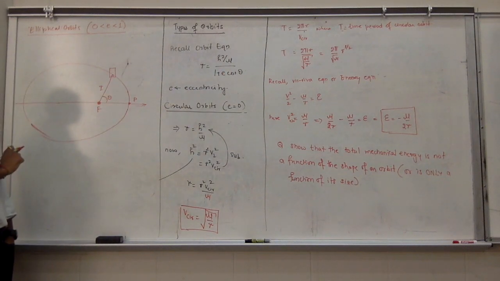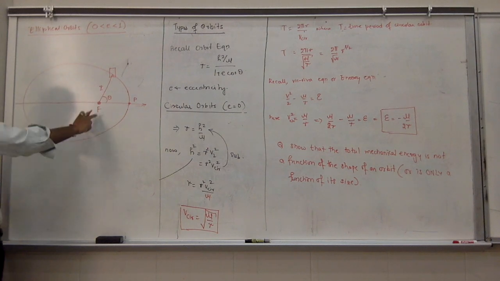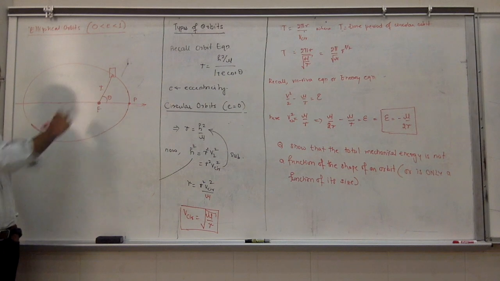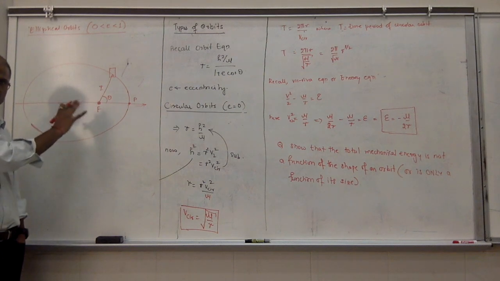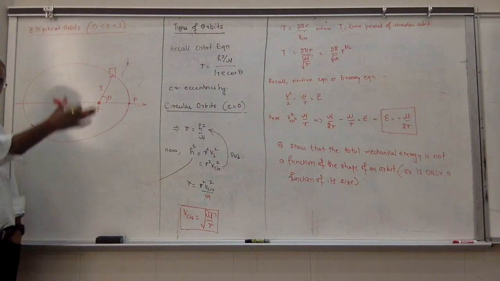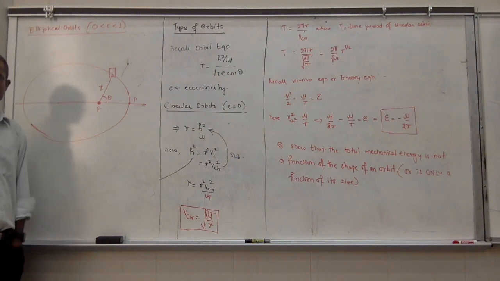You see this body is orbiting, right? Because this theta is changing, this R is changing. For a given orbit, E will always be constant. But E can vary from 0 to 1 for various kinds of elliptical orbits.